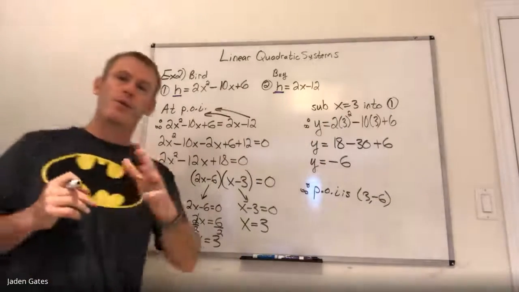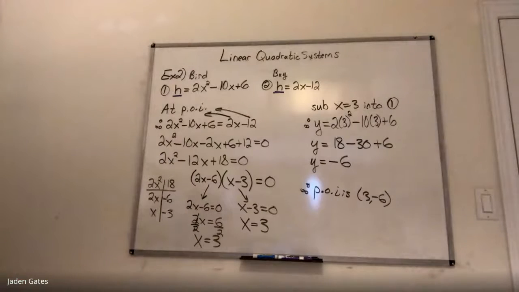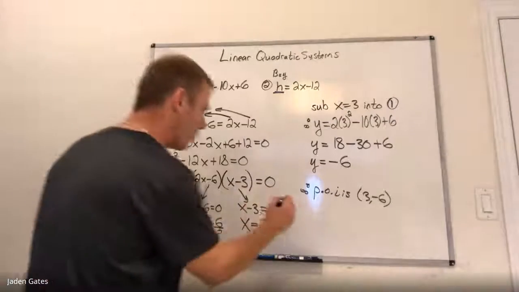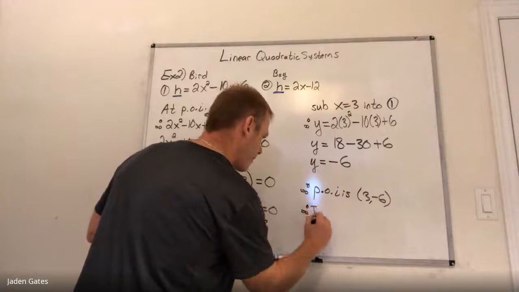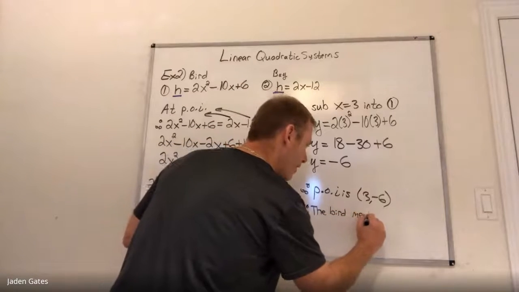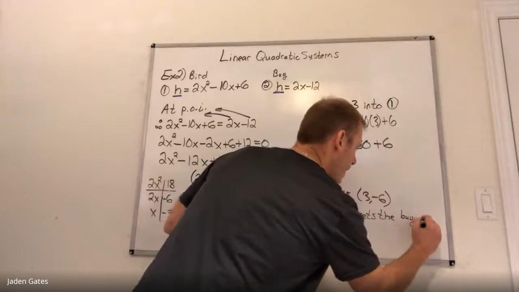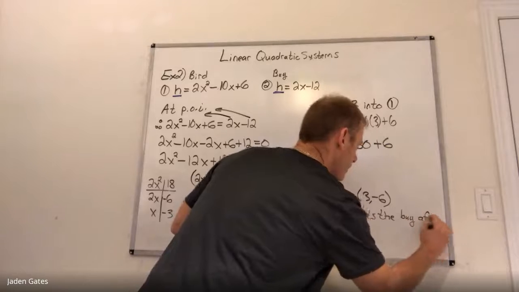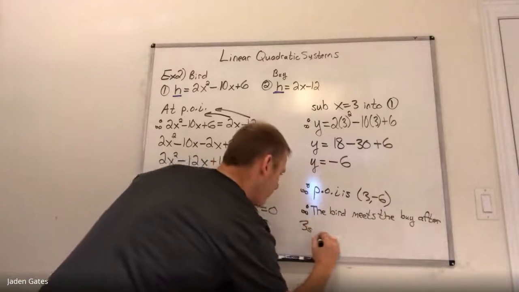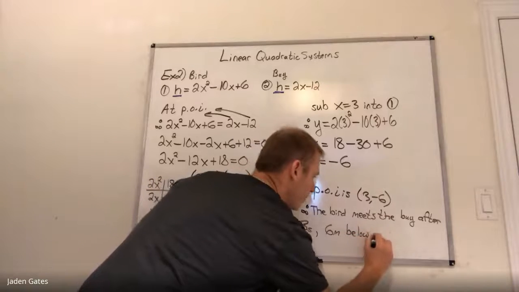But again, this is a word problem, so I got to analyze this. And if I read the question, the bird starts at a very big height. And so therefore, the bird, I guess, meets the bug after 3 seconds, 6 meters below its starting point.